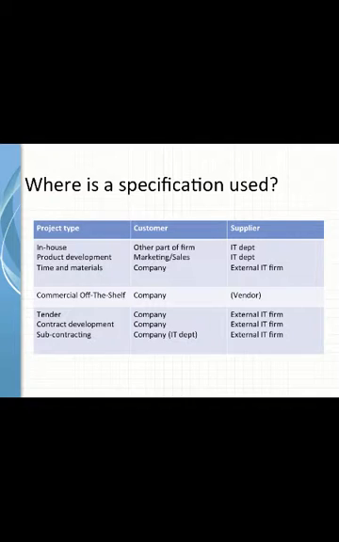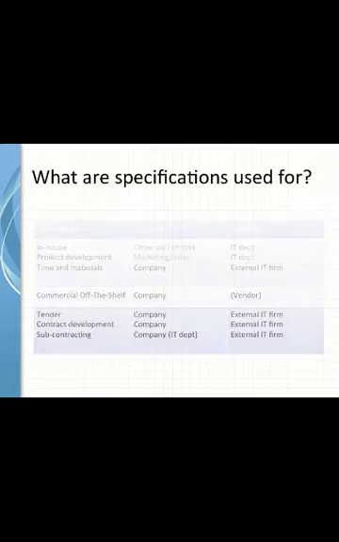In other cases, organizations opt for a COTS product, and in those cases, it's mainly a matter of configuring and adapting such COTS software. Finally, we have the projects where the requirement specification is used for tendering between different potential external suppliers. And here it's really important that a common understanding is reached about what the requirement specification wants.